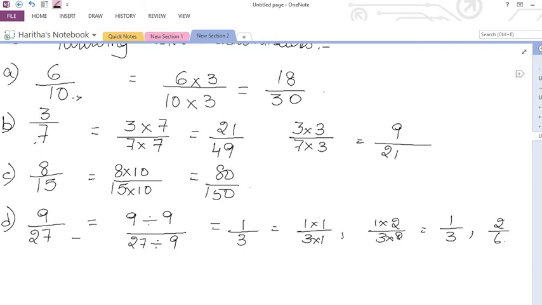That is the reason we are going to get so many equivalent fractions by multiplication. Now, they are saying multiplication, so that is the reason we are doing that.